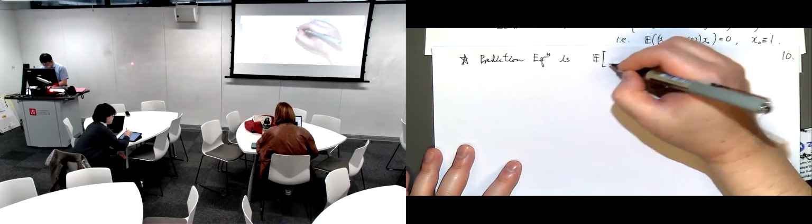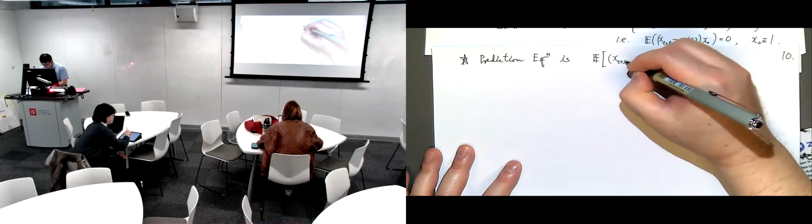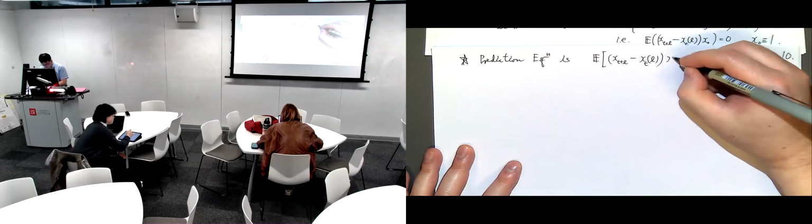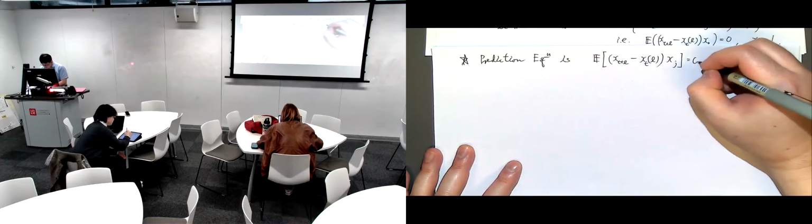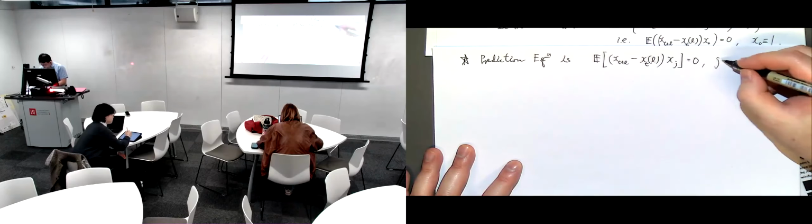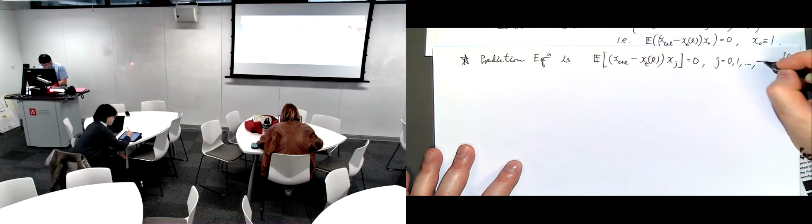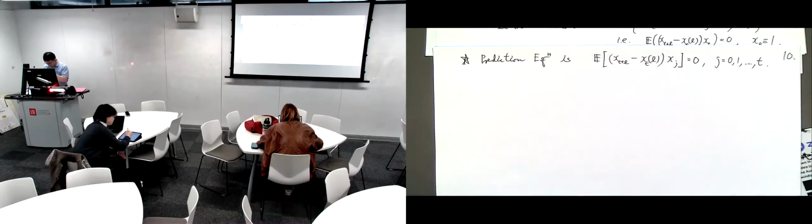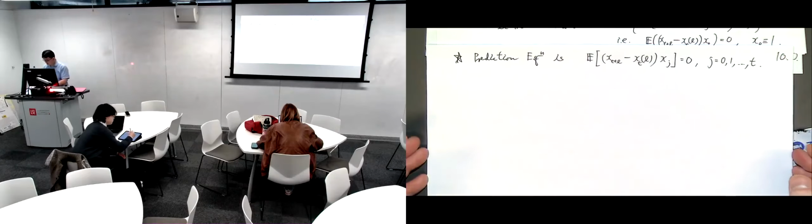It's this: the expectation of (X_{t+L} minus X_t[L]) times X_j is 0, where j runs from 0, 1 up to time t.